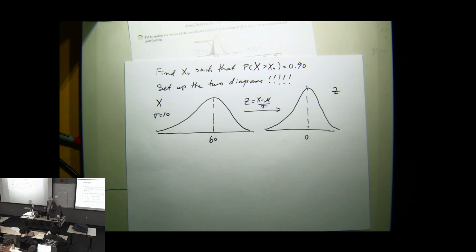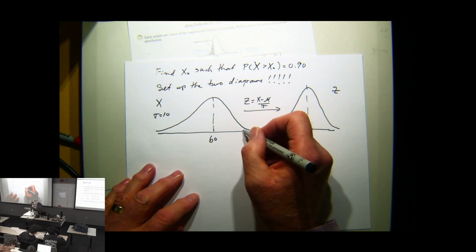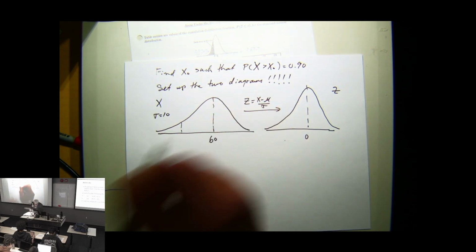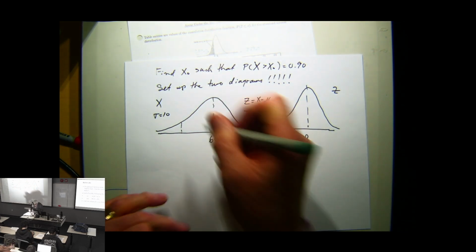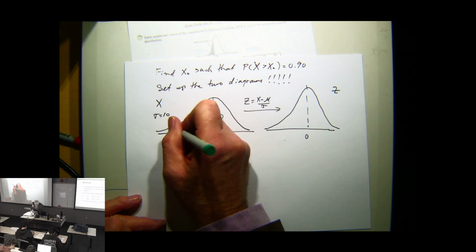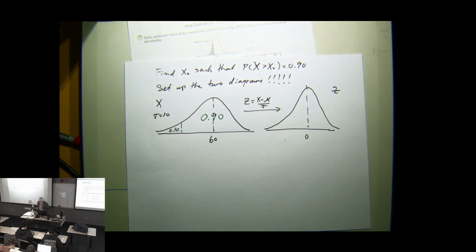Well, it says the probability that X is greater than X naught is equal to 0.90. Now this is tricky. When you see that X is greater than X naught is 0.90, that means you've got to have 90% of your area to the right of X naught. And so this means X naught is going to be somewhere down here, such that I've got a total of 0.90 up there and 0.10 down in that tail.